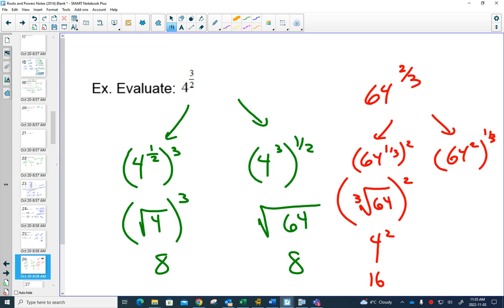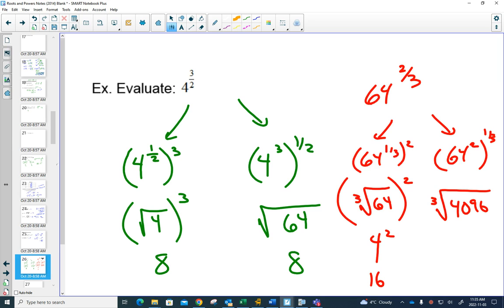Okay? Can you do 64 squared? Because if you can do 64 squared in your head, you're going to be fine. Probably not? I'm going to take a guess. I think it's 4,096.